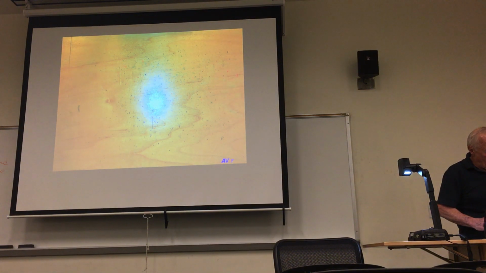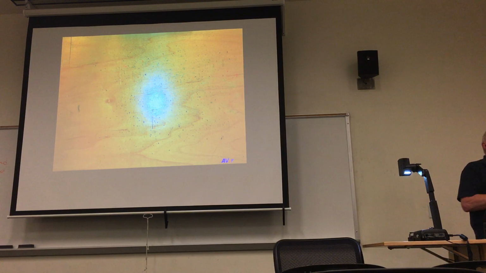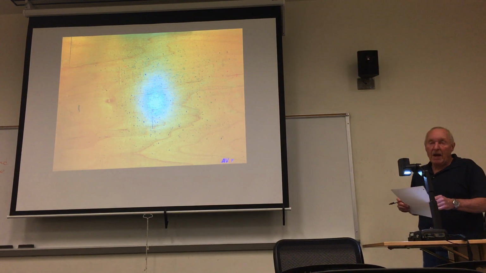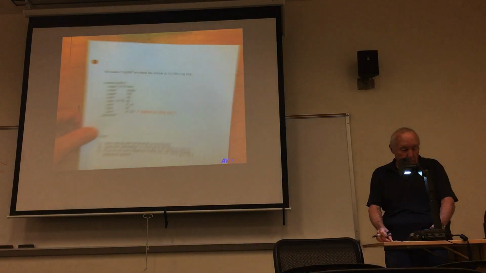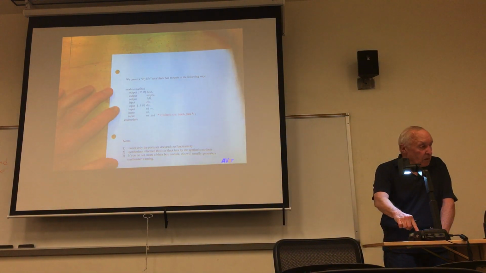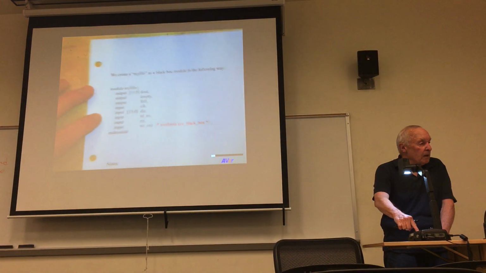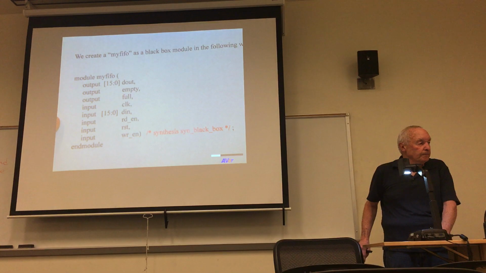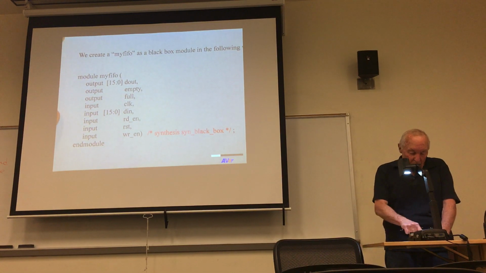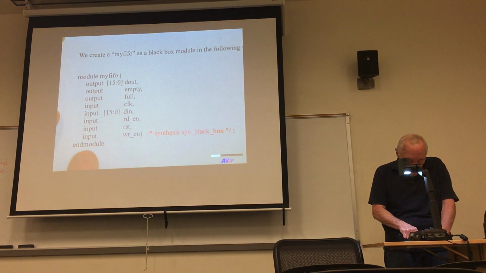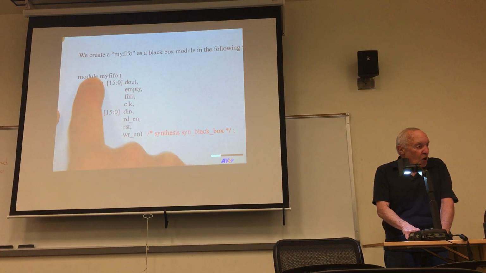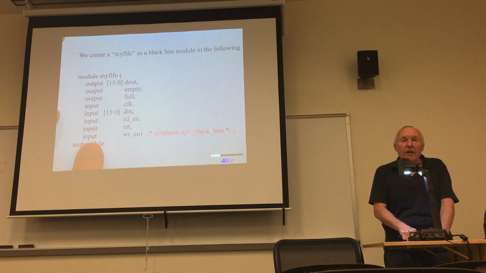So here's how I would create a black box for my FIFO that I used an IP generation tool to create. I have a module, end module. You'll notice all I have done is declare the input and output.